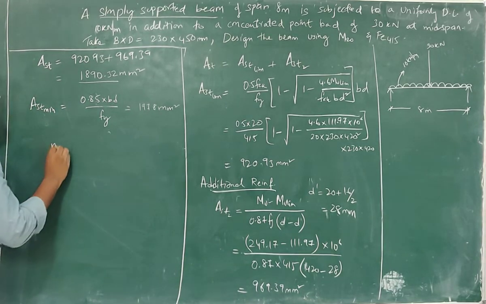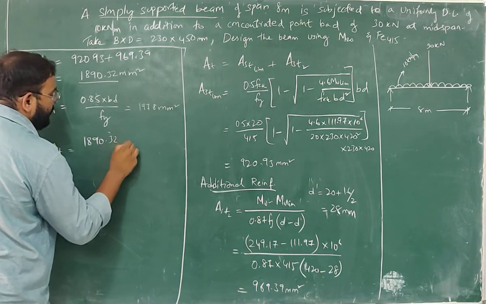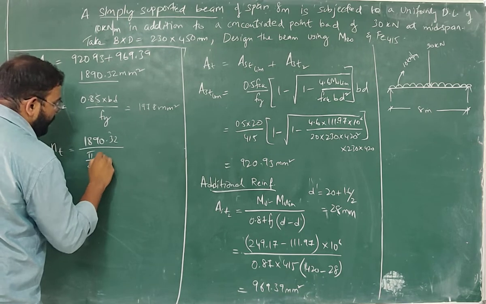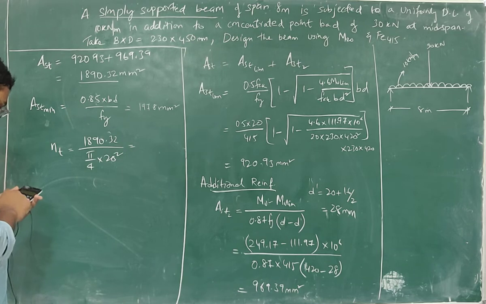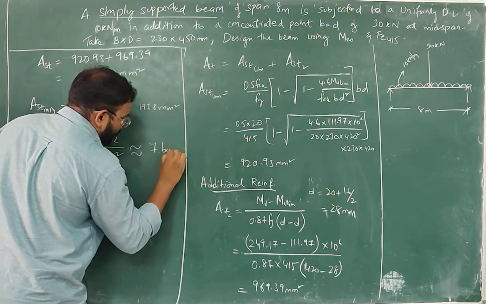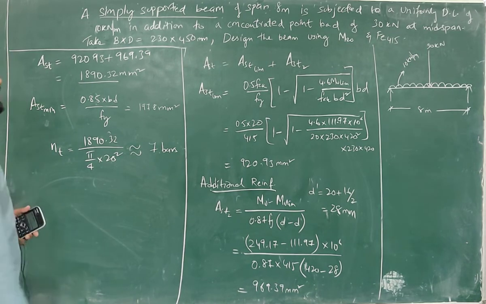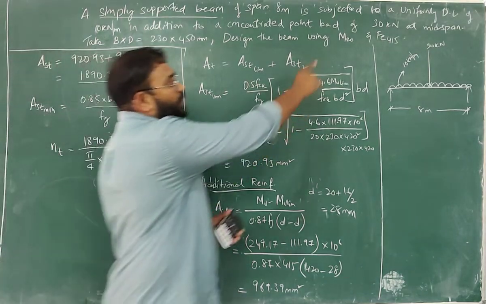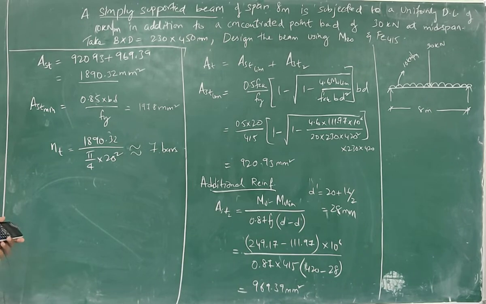Number of bars in tension Nt is equal to 1890.32 divided by pi by 4 into 20 square. Seven bars of 20 mm diameter are required. Why? Because you have a concentrated point load there, so bending moment is very high. Very big value you have for bending moment.